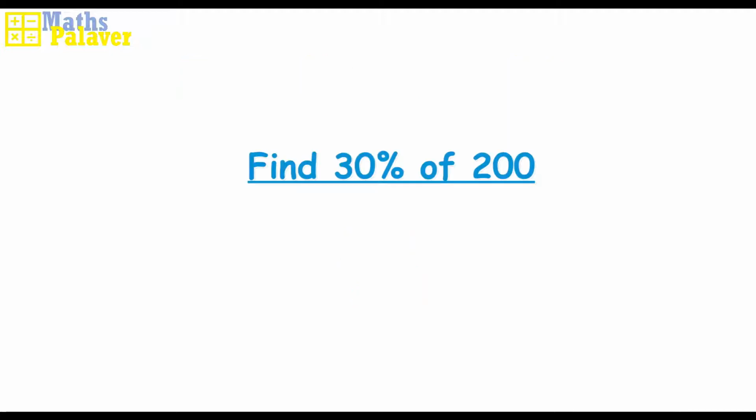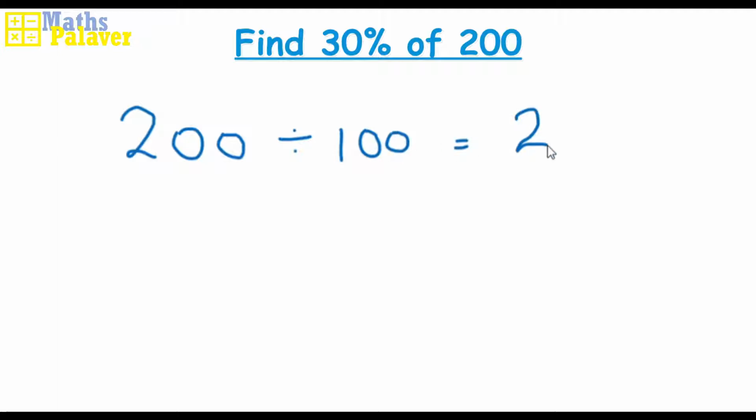So the first question says, work out 30% of 200. How do we do this? Well, remember that a percentage means a part out of 100. So what we need to do is divide 200 into 100 parts. 200 divided by 100 is 2.